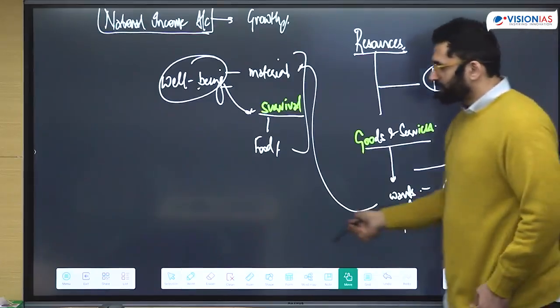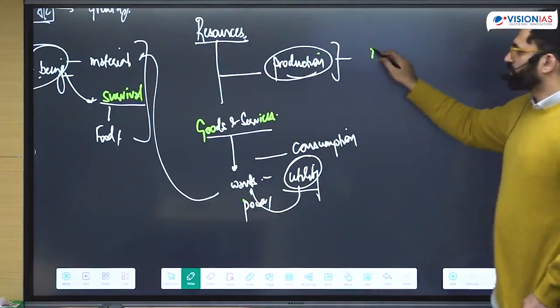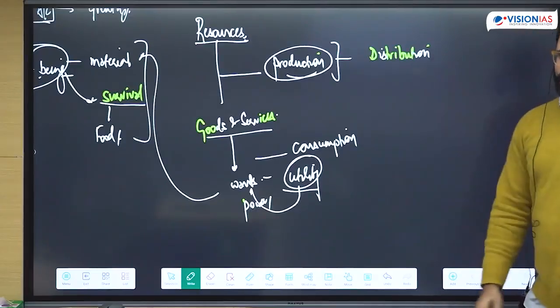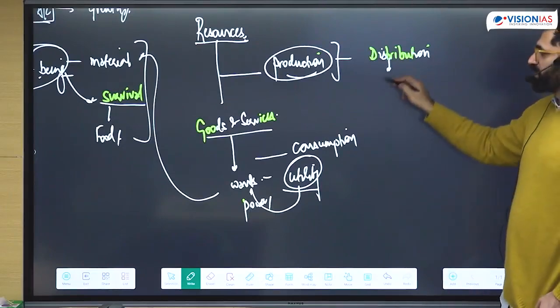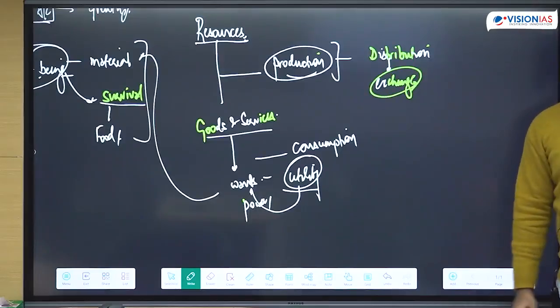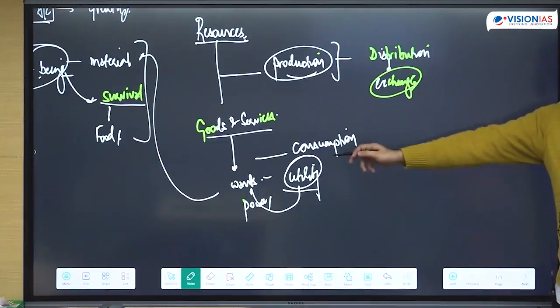And whenever the good is produced, that particular good also has to be distributed. Distribution mein one of the most basic things is that the good has to be exchanged. Someone produces good A, someone produces good B. They're going to exchange. Why? Because there is a want of that good.